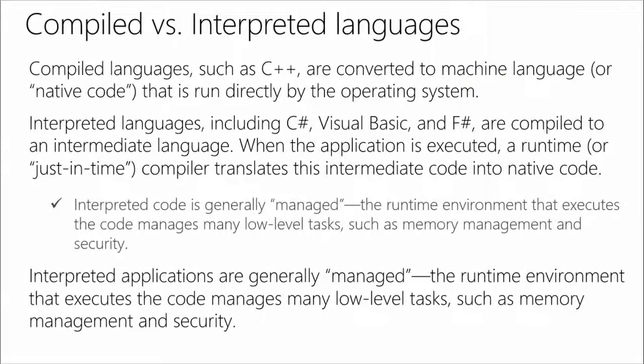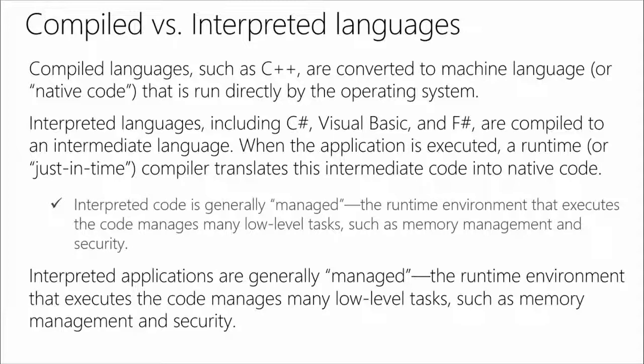So let's first talk about compiled versus interpretive languages. Compiled languages such as C++ are converted into machine language that is run by the operating system. This is what we call native code. Interpretive languages like C#, Visual Basic, F#, these are compiled into an intermediate language before it's executed at runtime, where then it's translated into native code.